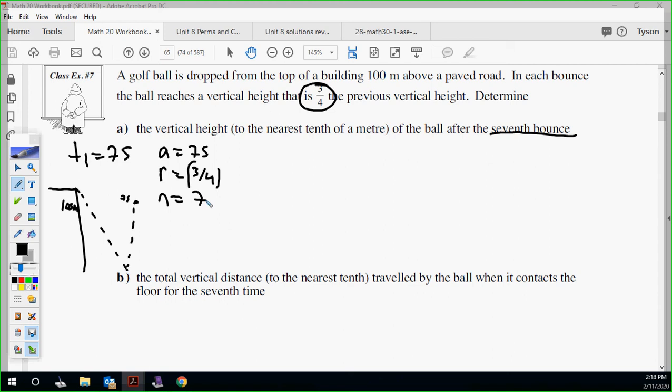This is a sequence question. We're trying to figure out the height at that term in the sequence. So we're using our general form. So t of 7 is 75 times 3/4, or 0.75, to the 7 minus 1, to the 6th. You should get 13.3 meters.